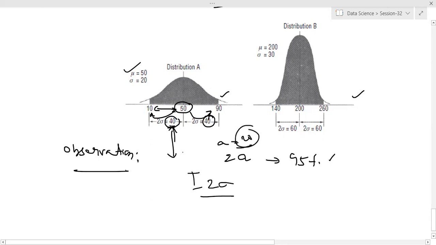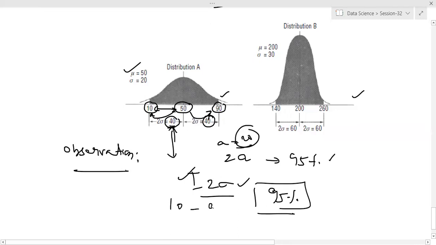As you rightly mentioned, there is a chance of moving this standard deviation to the left side as well as the right side, so we are having plus or minus 2 sigma. That means 95% of our data is spread from 10 to 90. Agree, friends? Because whatever the scale we are having, 95% of the data lies in this area.